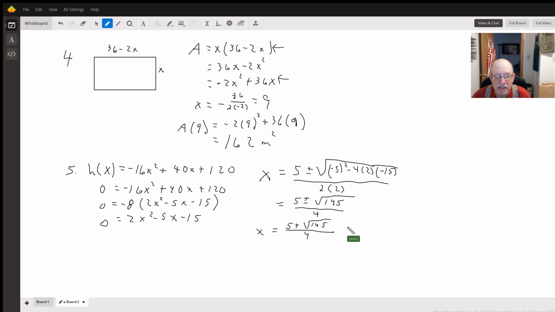This would be seconds. Since the problem said do not round, I assume they want the exact answer, and that would be the exact answer: 5 plus the square root of 145, all divided by 4. So there's your answers.